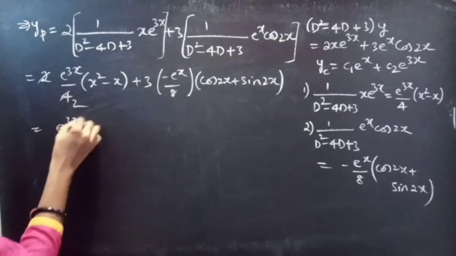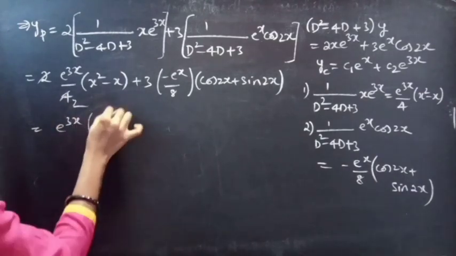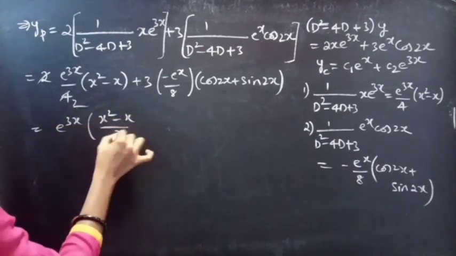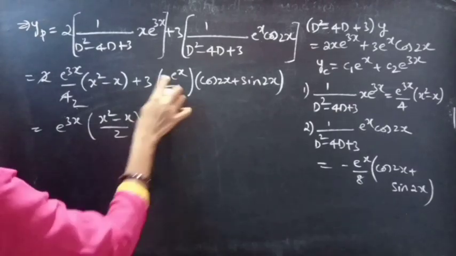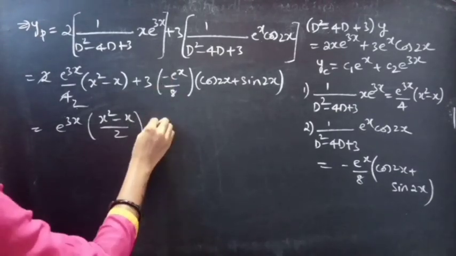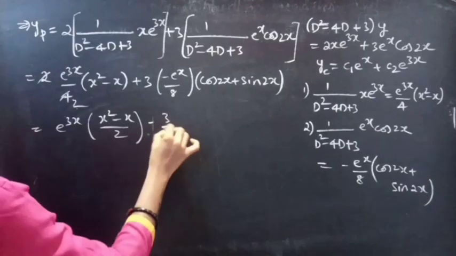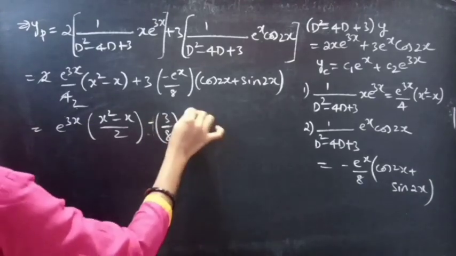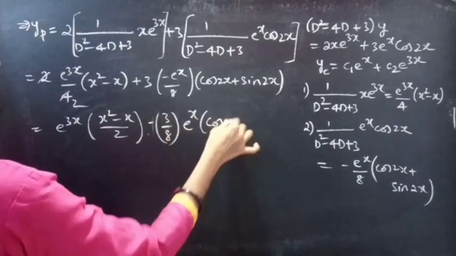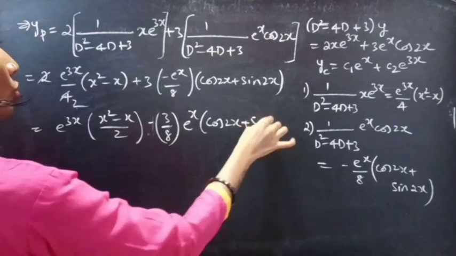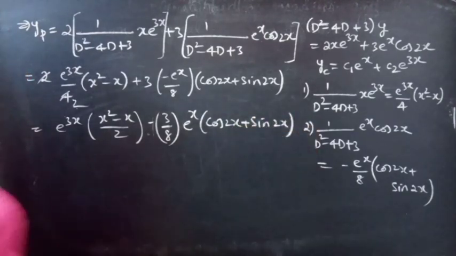We can write it as e power 3x into x square minus x by 2, plus into minus 3 by 8 into e power x into cos 2x plus sin 2x, which is our required yp.